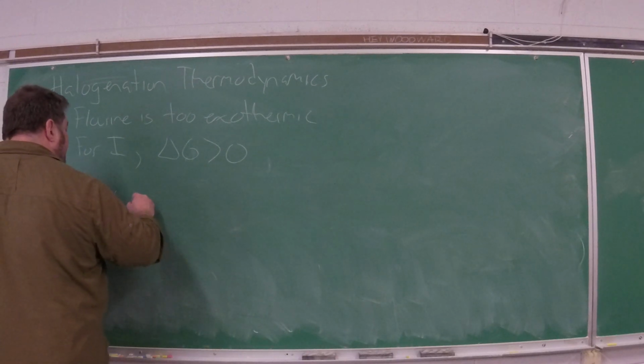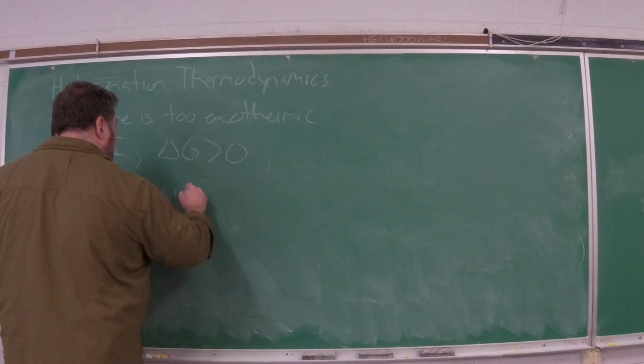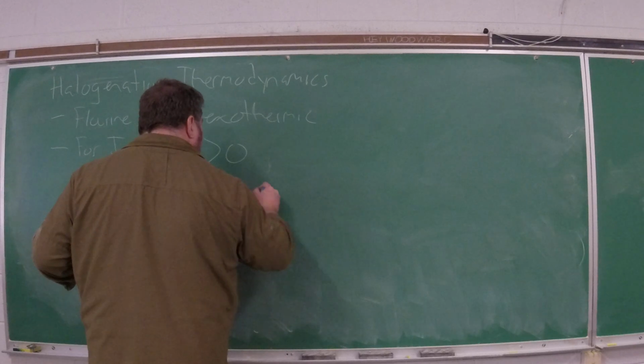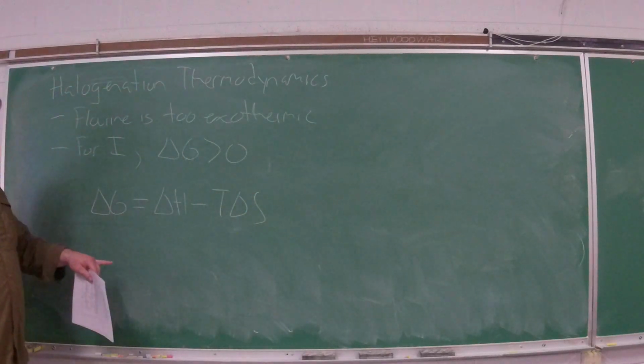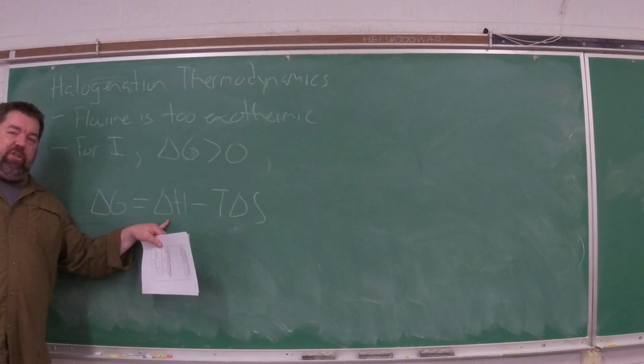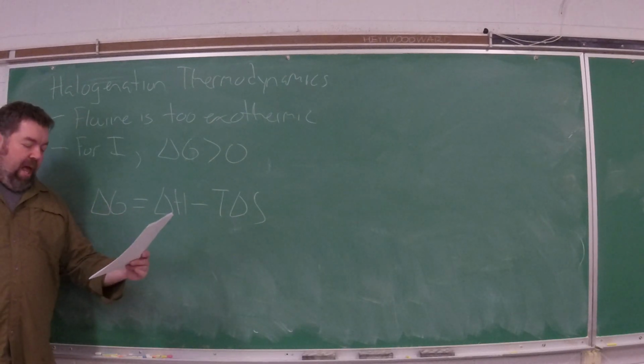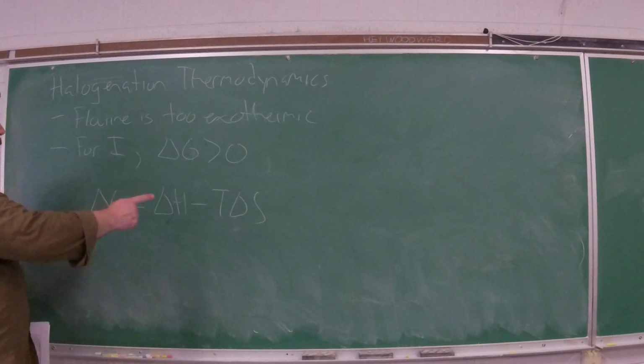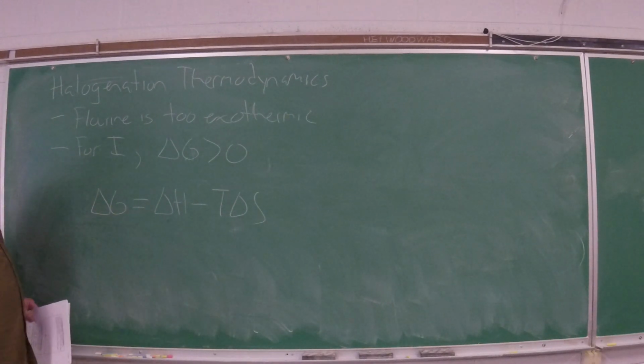Delta G is going to equal delta H minus T delta S, right? So we have the two terms here, okay? Delta H is going to be bond breakage, bond formation, etc. And here we have the change in enthalpy, right? Well, for radical halogenation, we're going to see that delta S is approximately 0.